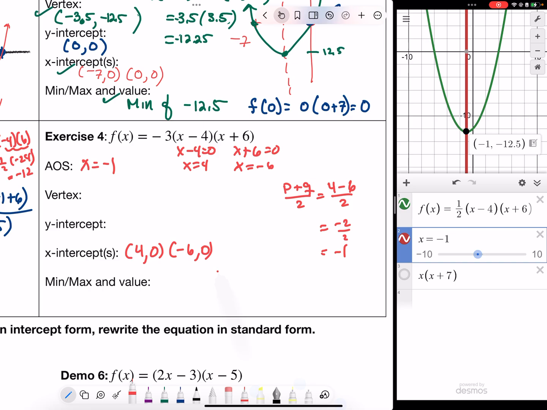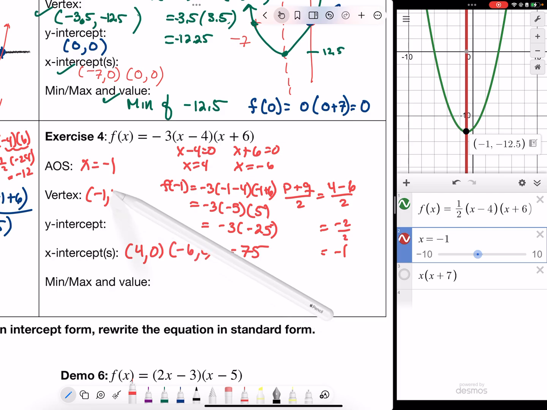I'm going to find the f of -1. That's a 25. There we go. So my vertex is at -1 comma 75.